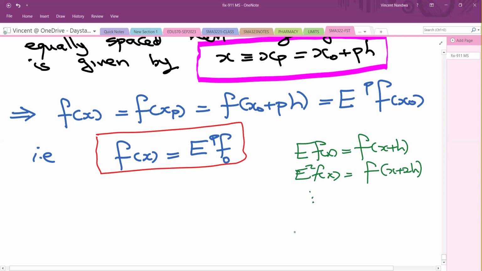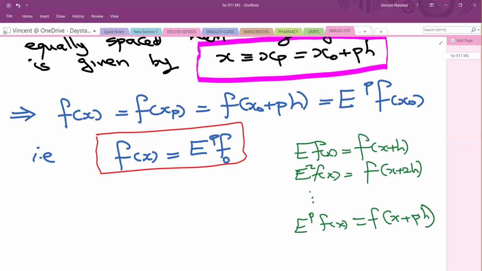And we saw that if you keep on applying the shift operator, we get this. So that's why f of x naught plus ph is written as shift raised to power p of f of x naught, and f of x naught can just be written as f naught.